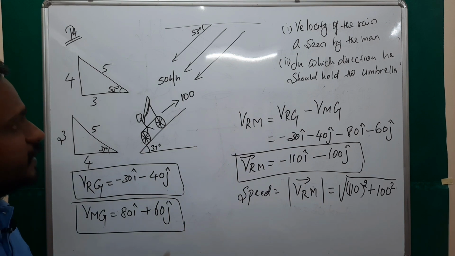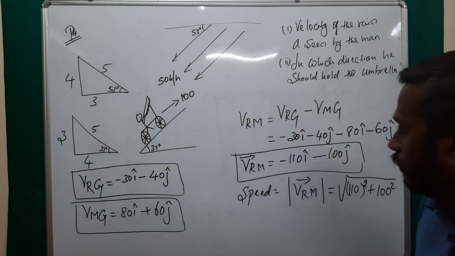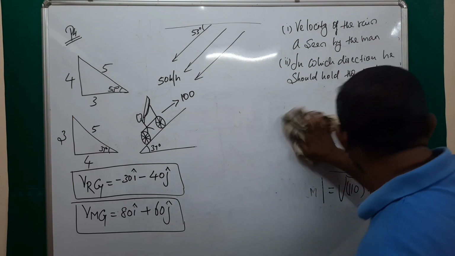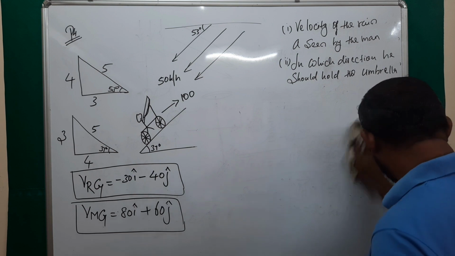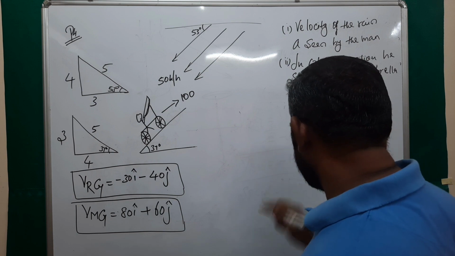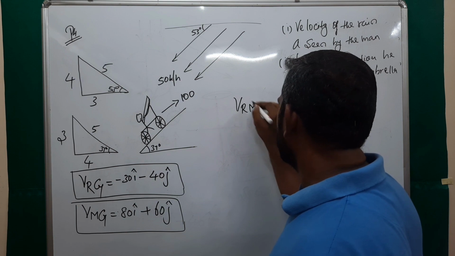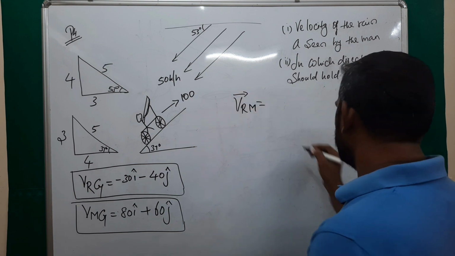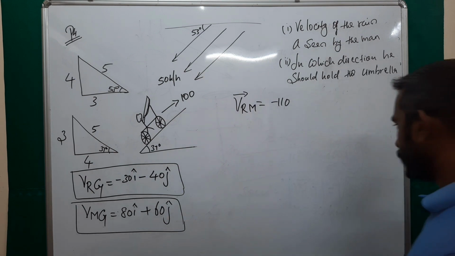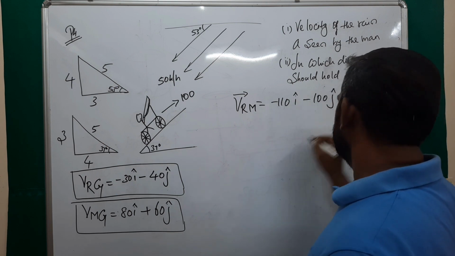Clear? So second question: in which direction should he hold the umbrella? So plot the value, that is V_Rm, the velocity of rain with respect to man, equal to minus 110 i cap minus 100 j cap.